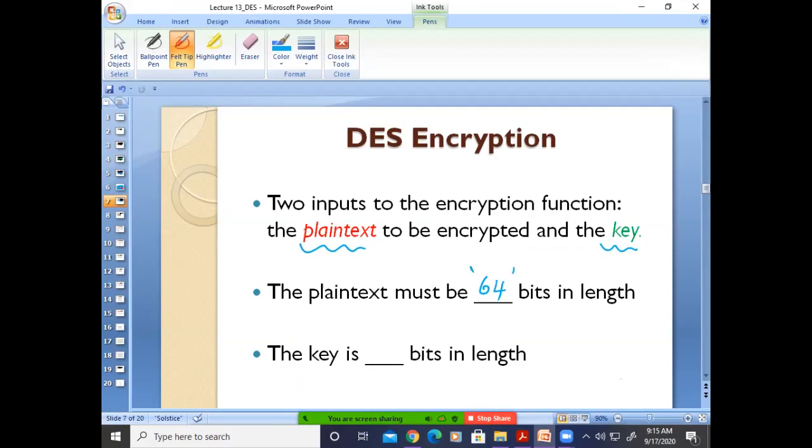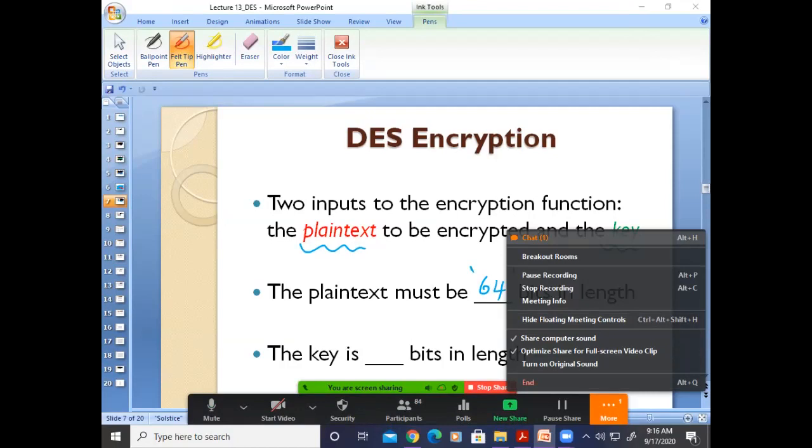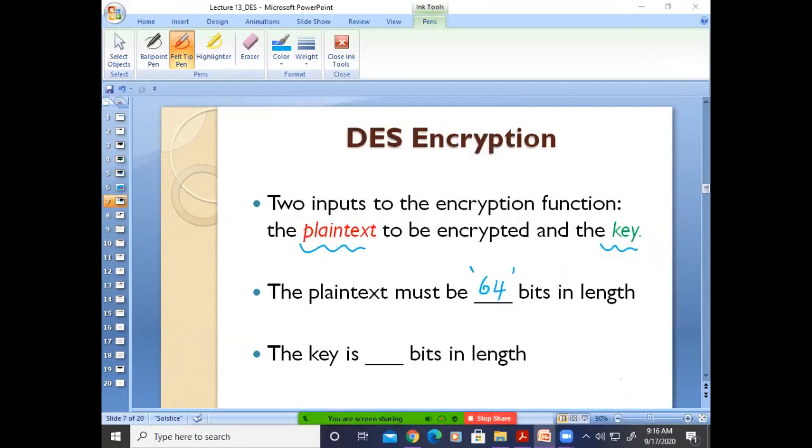Remember, in DES encryption each plain text block size is 64 bits and the key is 56 bits. So there are 2 power 56 possible keys, a very large number, around 10 to the power 16 or 17 possible keys.